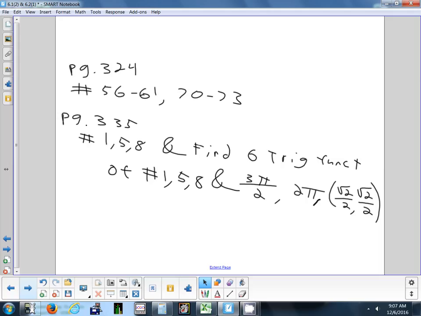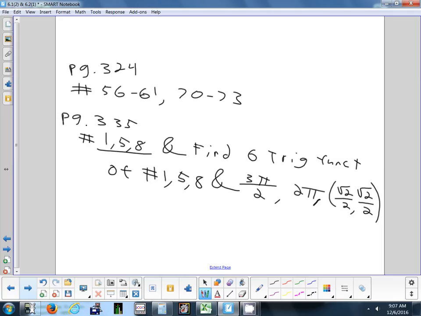All right, so the homework, the first part is on 324. And I want you to try 56 to 61, 70 to 73. And then on 335, there's only 3 problems in the book. Okay, 1, 5, 8. But I want you to do what they're asking you to do in 1, 5, and 8. So just read the directions. And I want you to find the sine, the cosine, the tangent, the secant, the cosecant, and the cotangent for 1, 5, and 8.